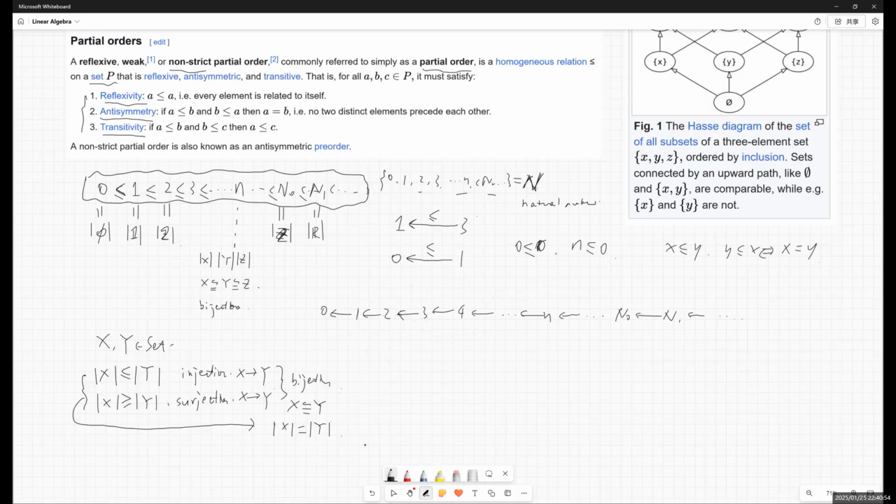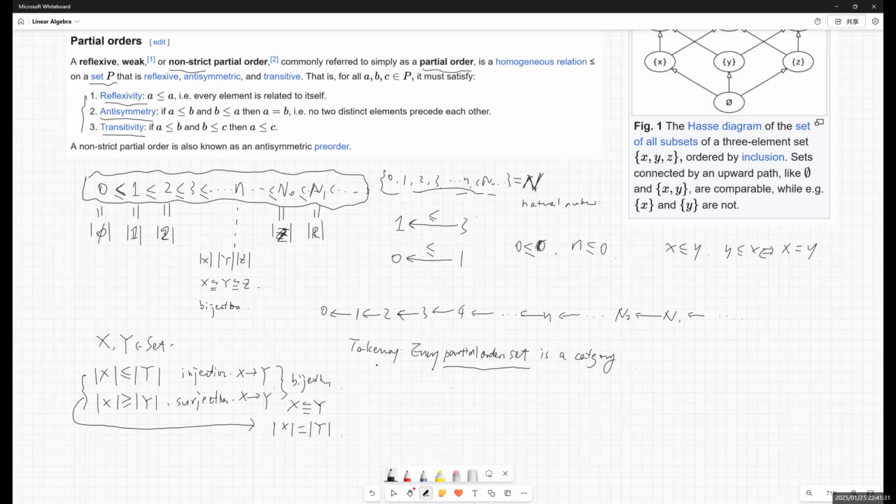Otherwise, the diagram will be very complicated. And it's interesting that we have a takeaway: every partially ordered set, a set equipped with a partial order, is a category.